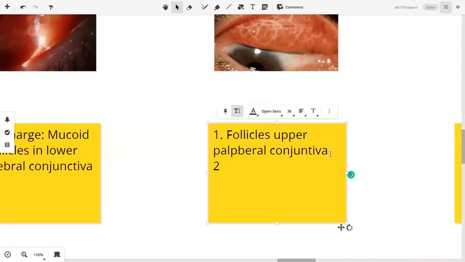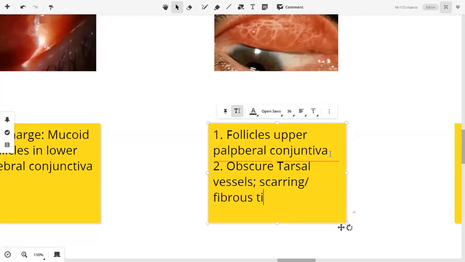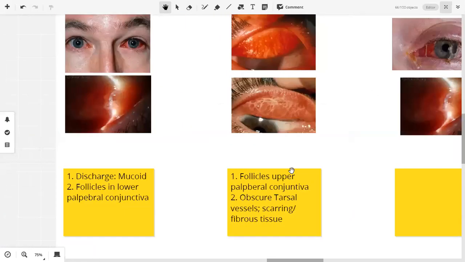So in the second picture, we have obscure tarsal vessels, we cannot see them. And secondly, we have scarring or bands of fibrous tissue. All right. Now these were our findings in this case.